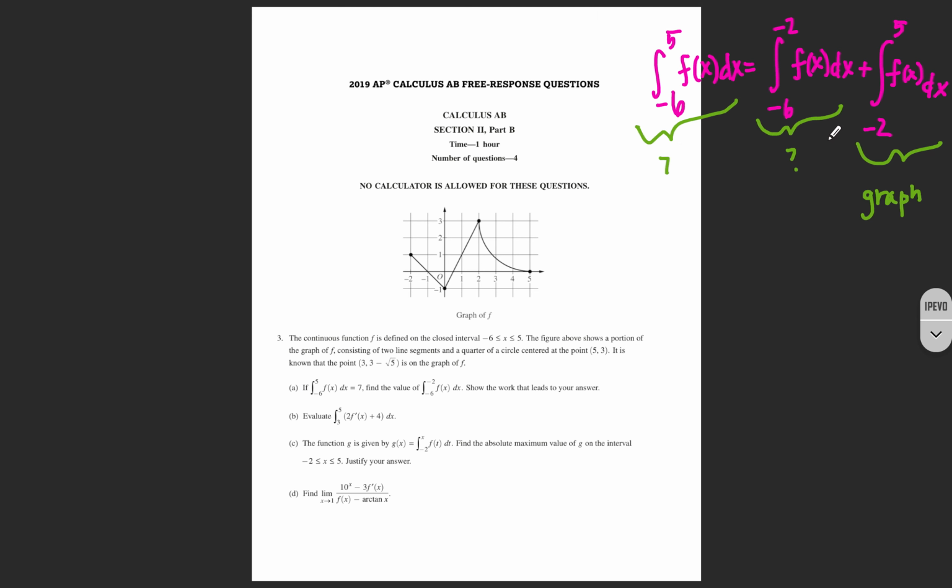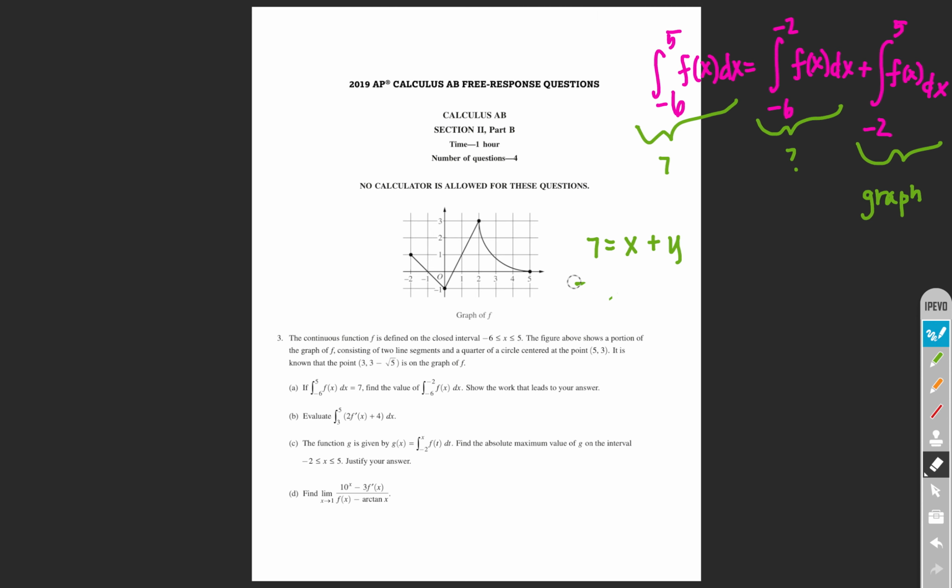So if we rewrite this equation, putting this piece to the left, then we will have our solution. It's as simple as saying 7 is equal to x plus y, and then subtract y from both sides. 7 minus y is equal to x, and x is what we're looking for.